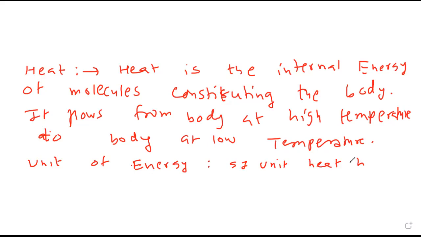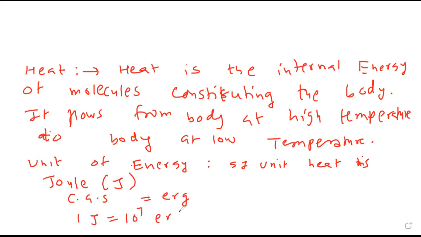Joule. Correct. SI unit of heat is joule, denoted as J. What will be then the CGS unit? Erg. 1 joule is how many erg? 10 raised to 7 erg. Any doubt till this?